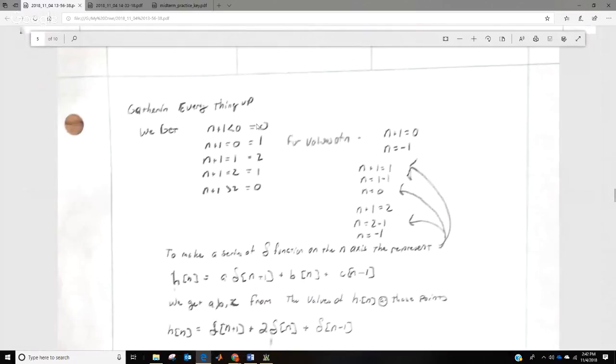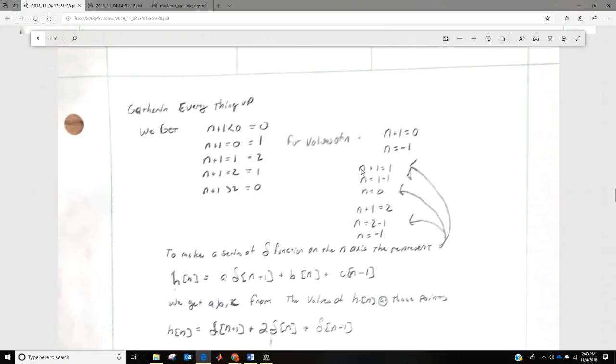So then we look at this and we can make this a set of delta functions to make a nice, pretty equation. To make the delta functions, we want to put this back in terms of n. So we know our k is equal to 0, our k is equal to 1, our k is equal to 2.